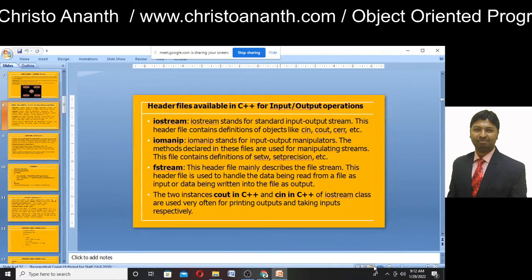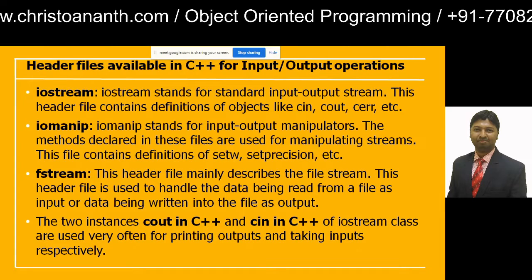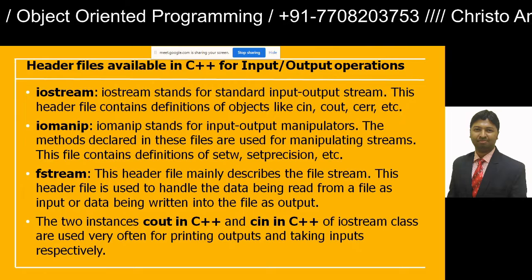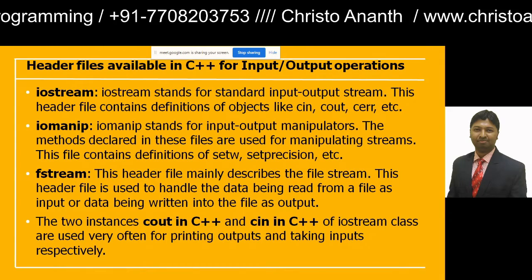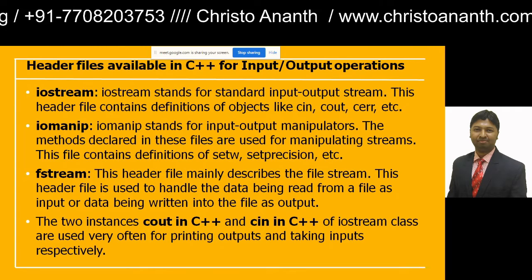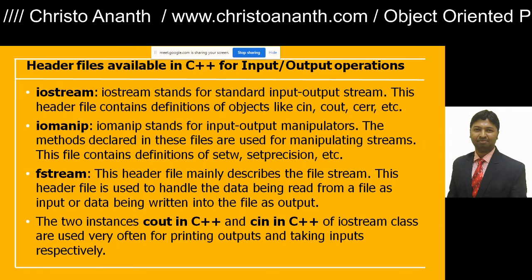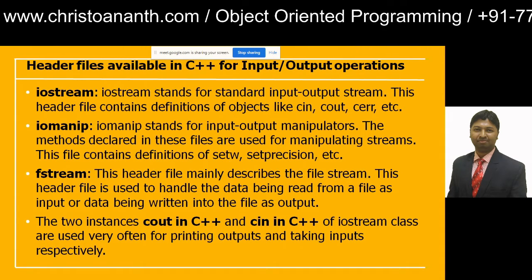Here are the header files available in C++ for the input as well as output operations. Here we have iostream, iomanip, and fstream. The iostream header file contains the definitions of objects like cin, cout, cerr and so on.